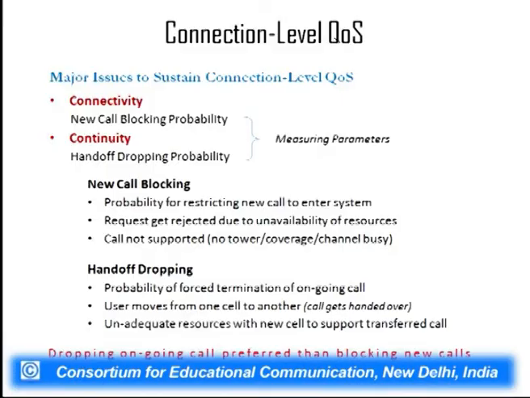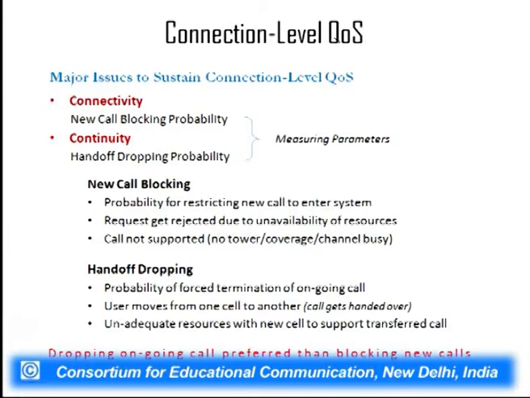Now, the handoff dropping probability is what? This is the probability with which an ongoing call gets forcefully terminated, right? Whenever a user moves from one cell to another, its call gets handed over to the next potential station.